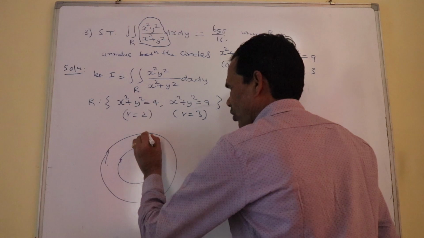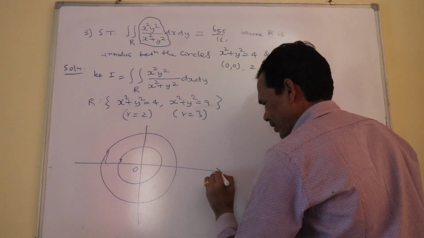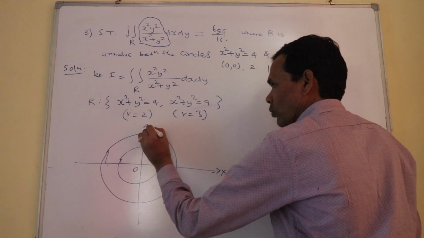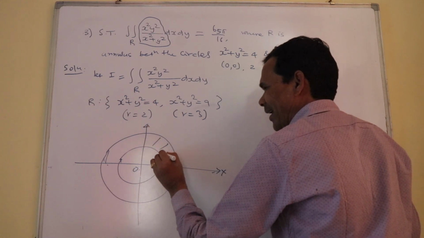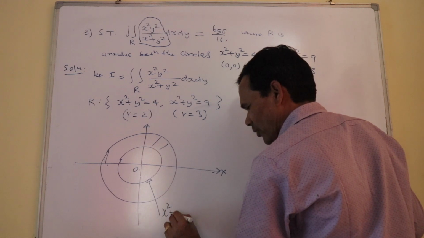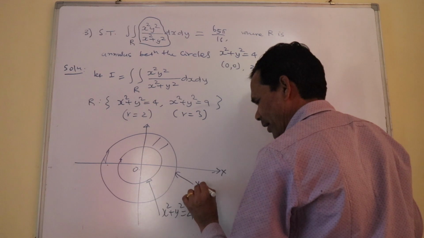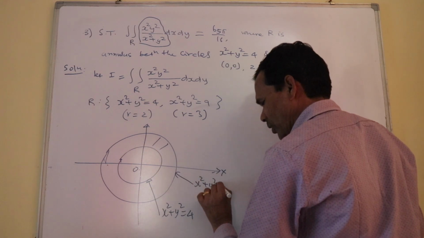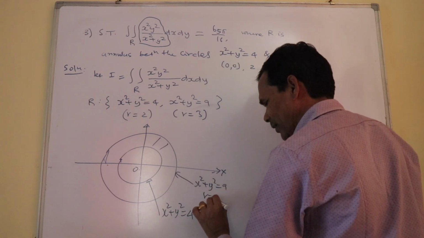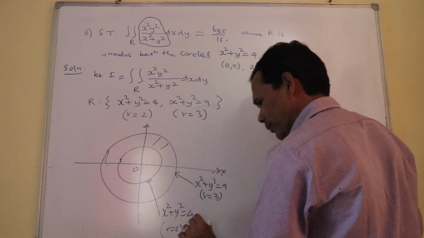These are concentric circles. This is the origin, this is the x-axis, this is the y-axis, and this is the annulus. This is the inner circle, x square plus y square is equal to 4, and this is the outer circle, x square plus y square is equal to 9. In fact, this one is r is equal to 3 and this one is r is equal to 2.